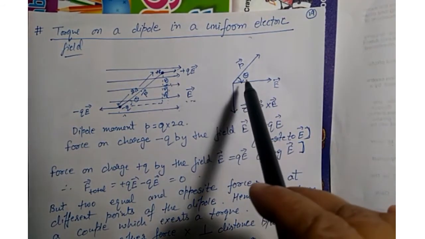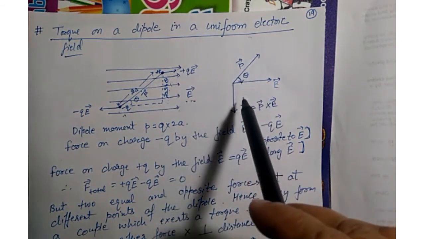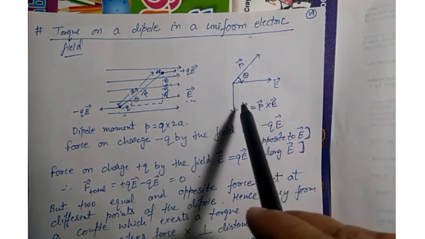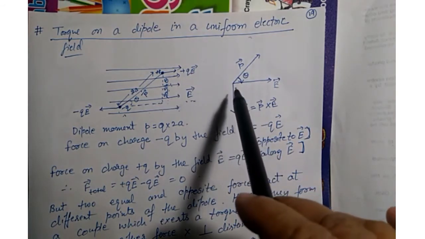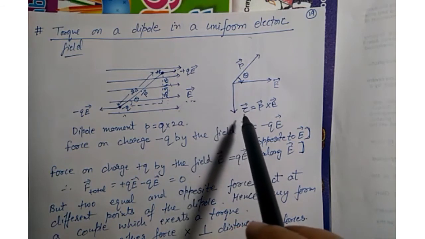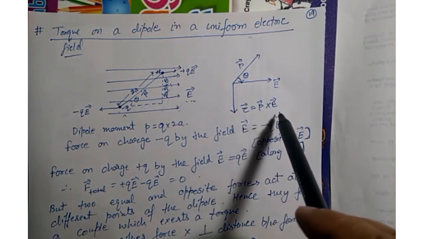Because the force is acting on the charges, they are tending to rotate this dipole downward. Hence, a torque is acting on this dipole, and the magnitude of torque is P into E.